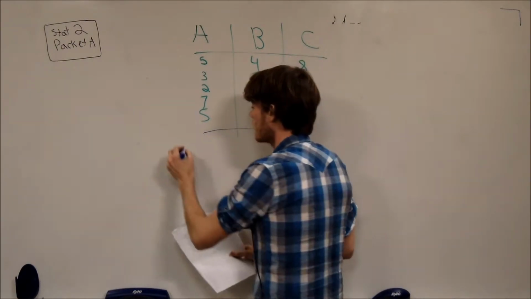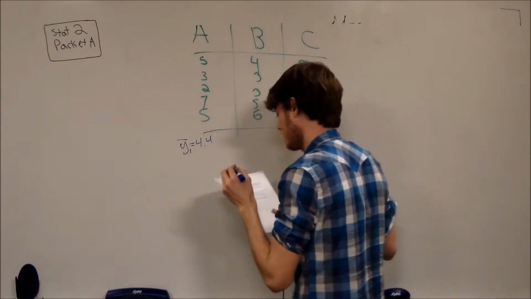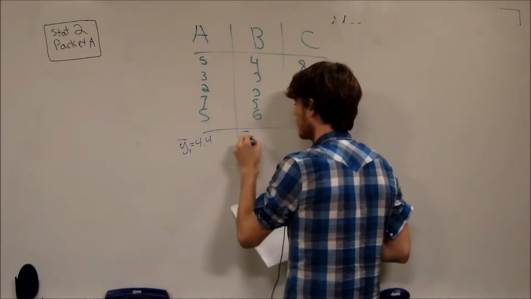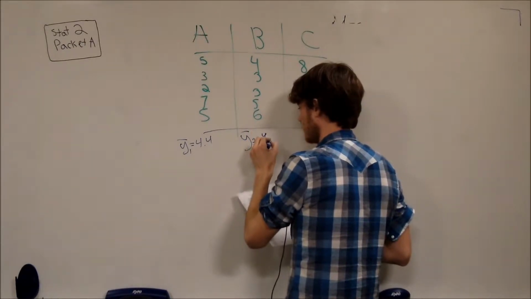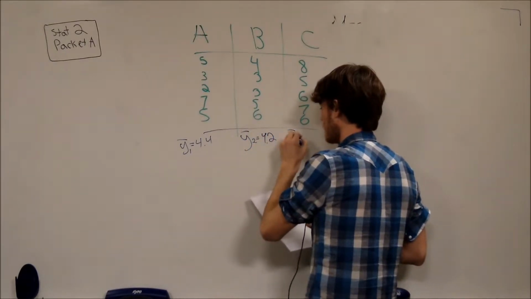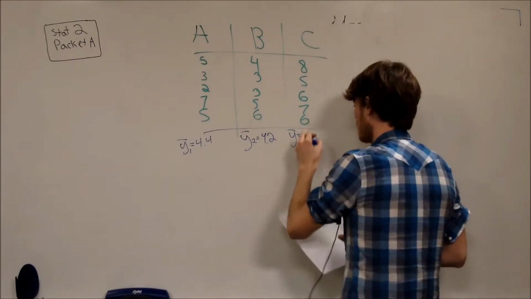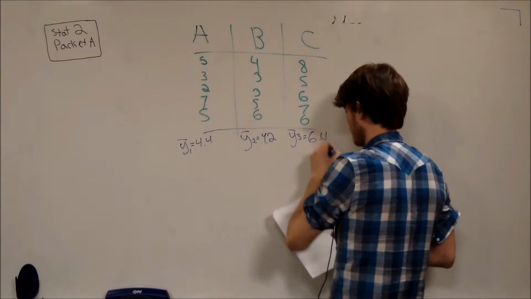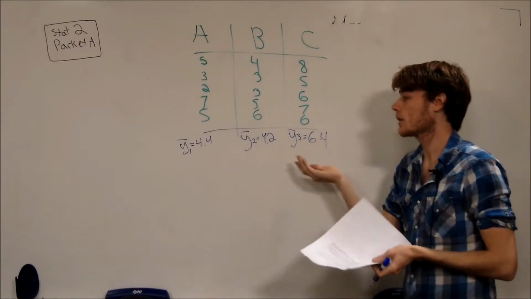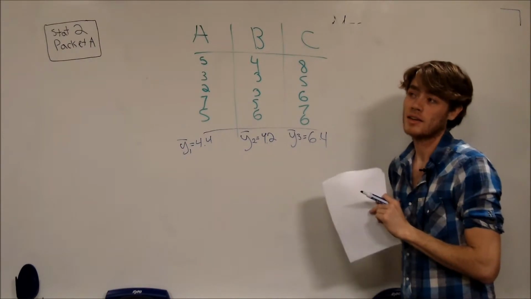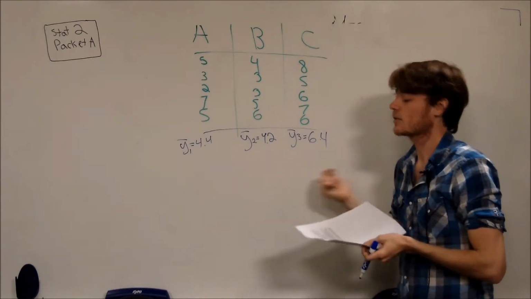So you'll find that y bar 1 equals 4.4, y bar 2 equals 4.2, and y bar 3 equals 6.4. Already you kind of see that maybe this one has a bigger mean. We don't know, though, and the ANOVA analysis won't tell us which ones are different, but it will definitely tell us if there is a difference.